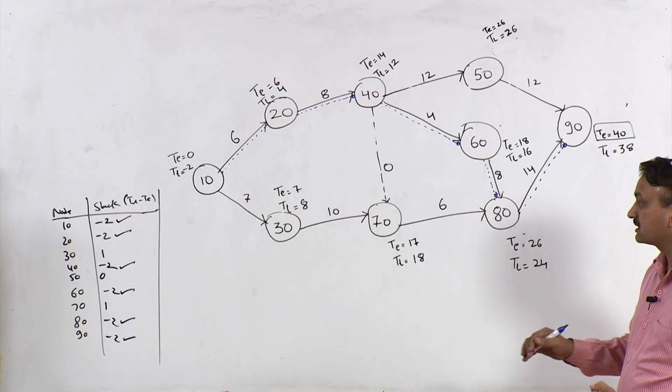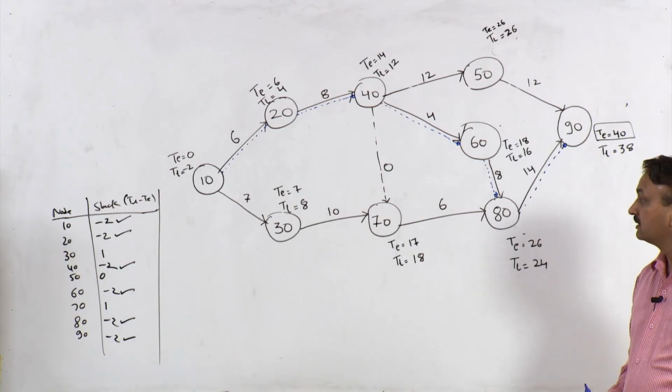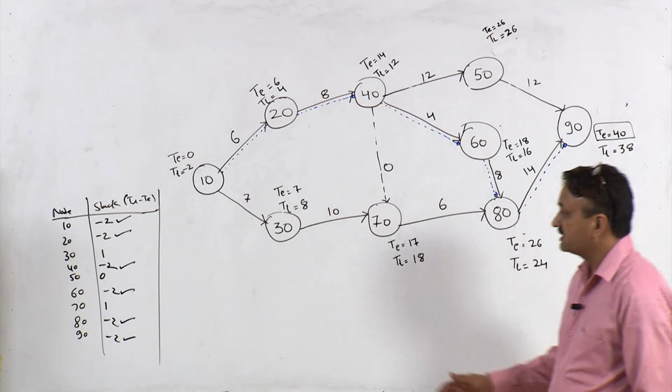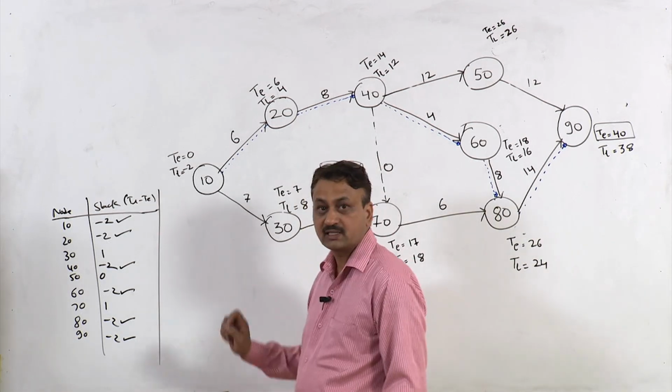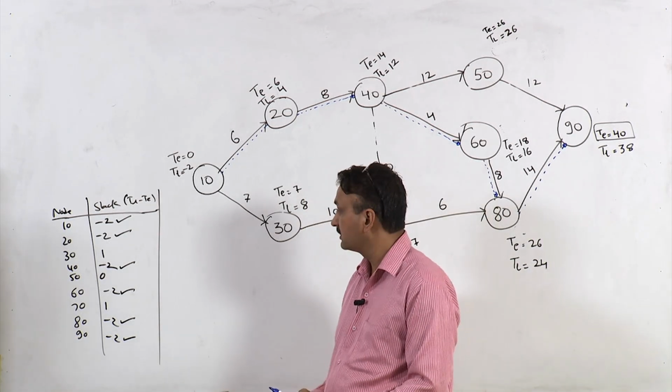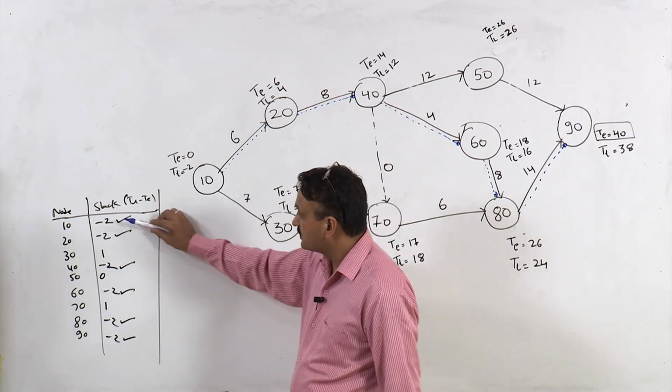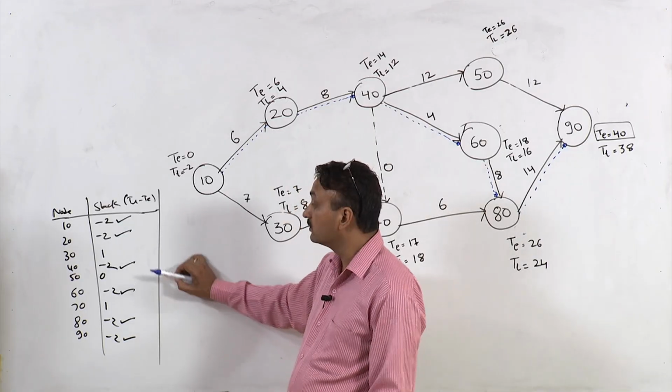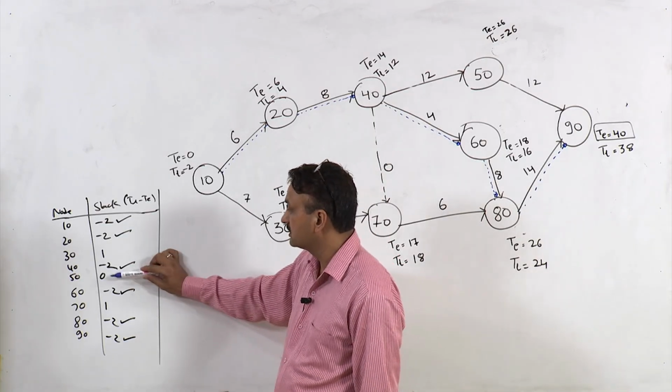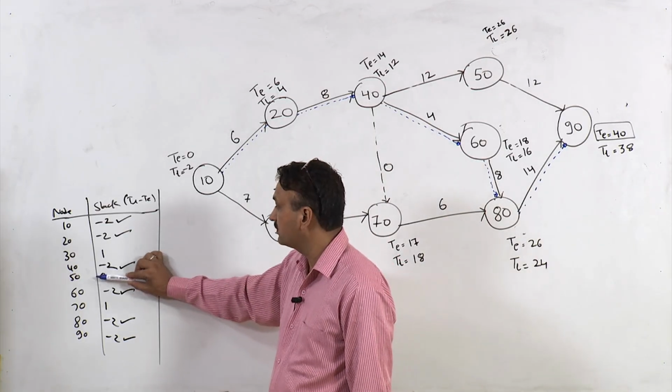Now which path is the semi-critical path? These are the lowest slack values, which have given us the critical path. Now after minus 2, the next higher value is 0, which is at node 50.